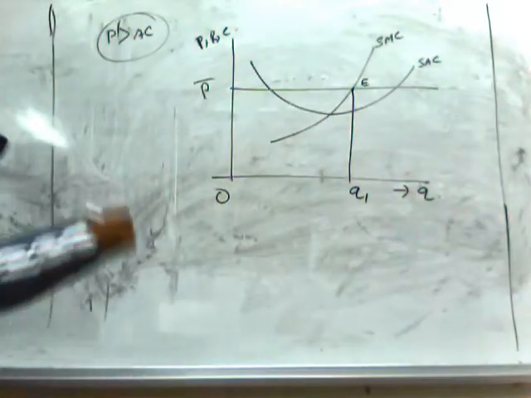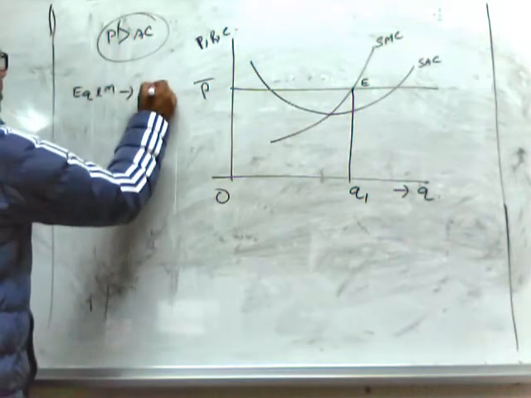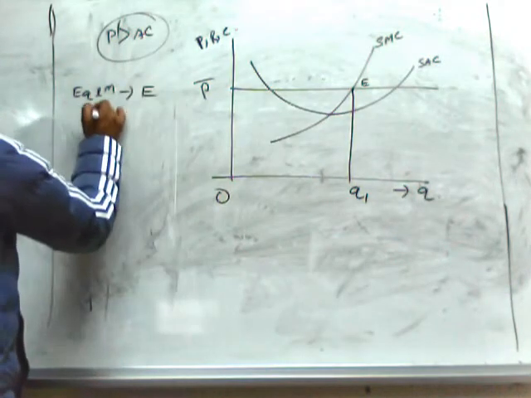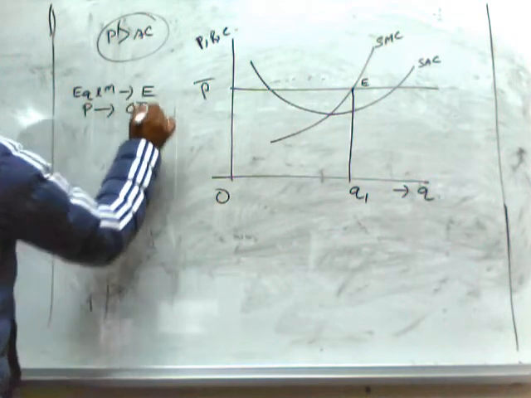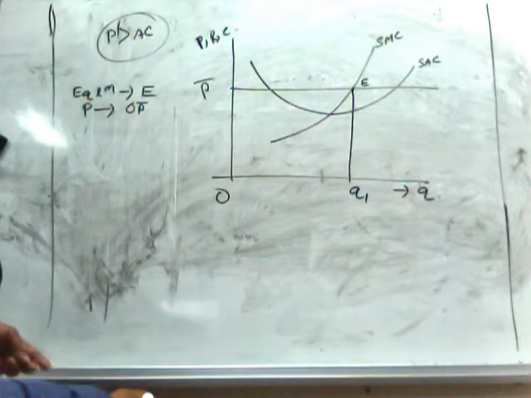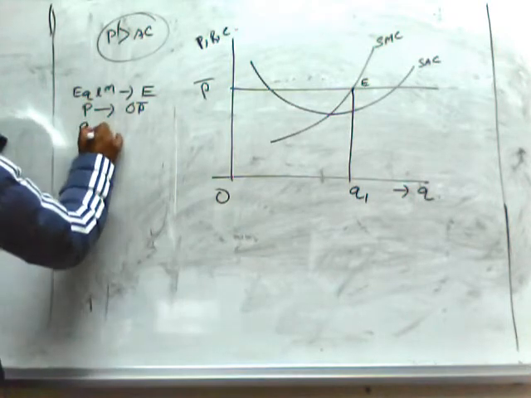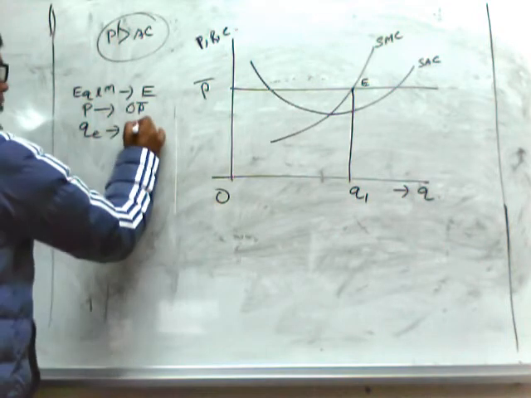So here equilibrium is point E. The market price OP bar is determined by the interaction of demand and supply. The firm is accepting it, and the firm's equilibrium output is OQ1.